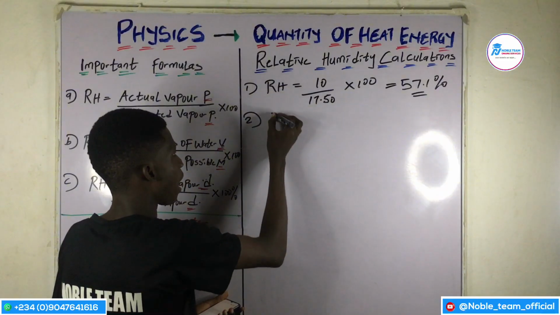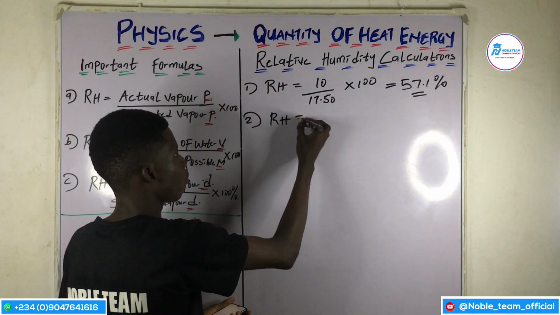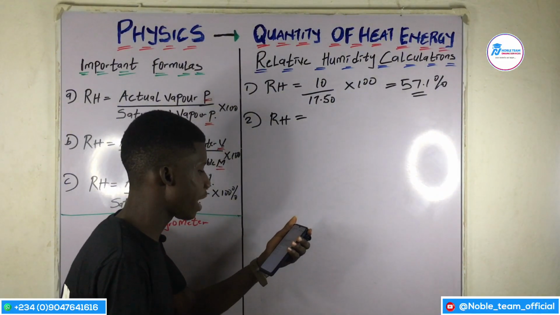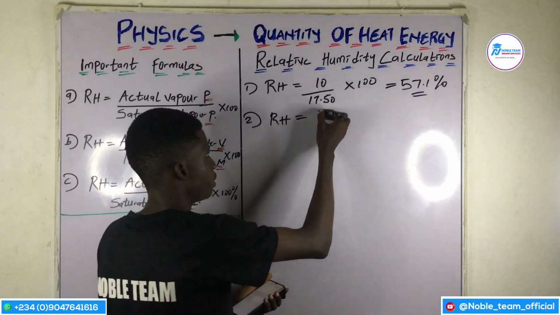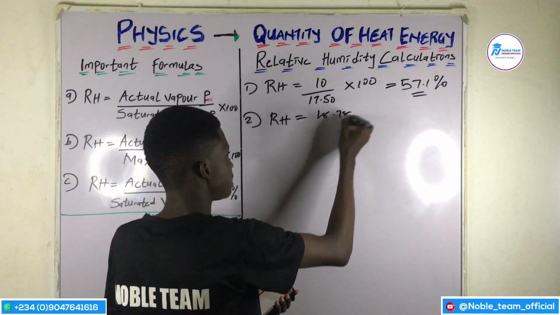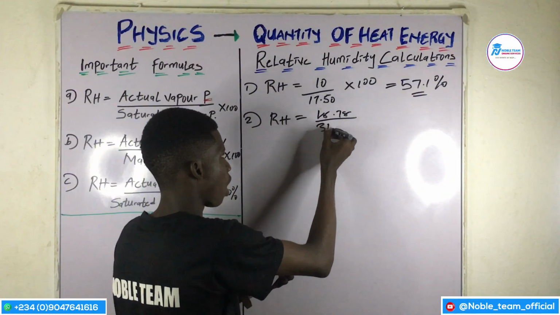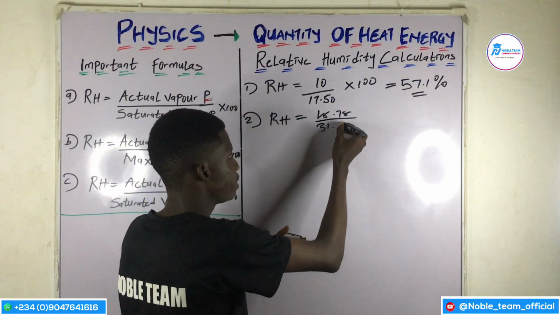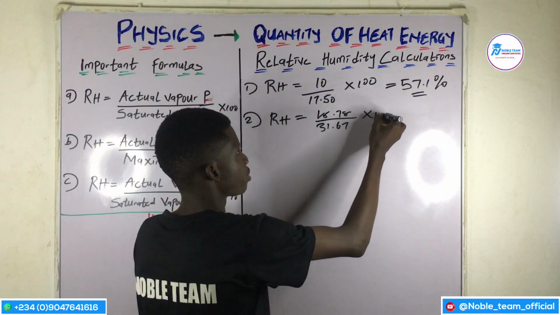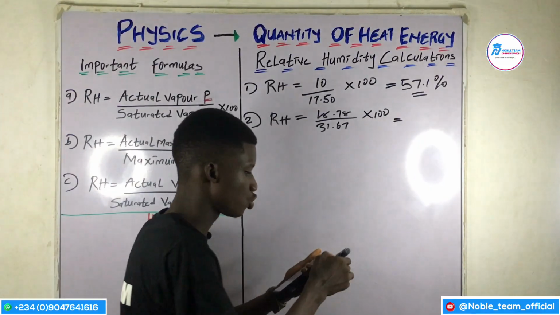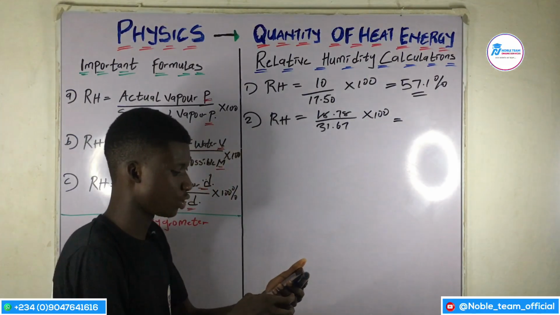So we have that RH is now equal to our actual one here, 18.78, divided by our SVP, 31.67, times 100. Once you do your substitution and do your calculation, you get the final answer.